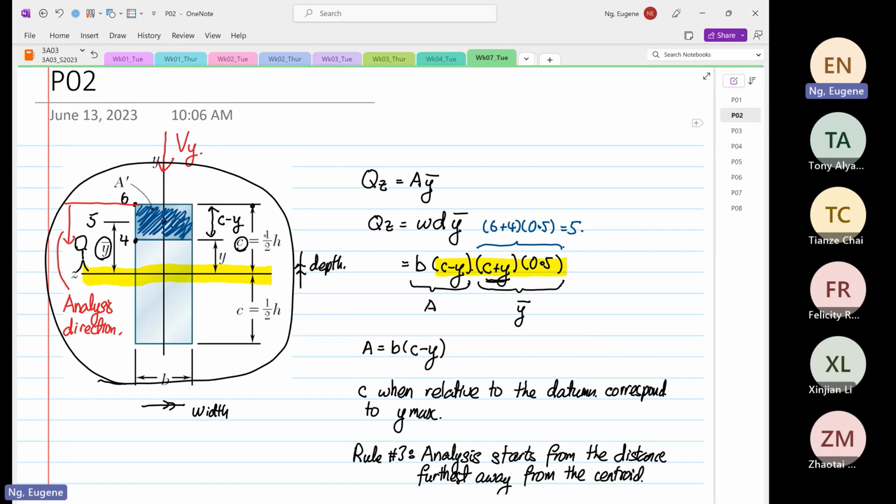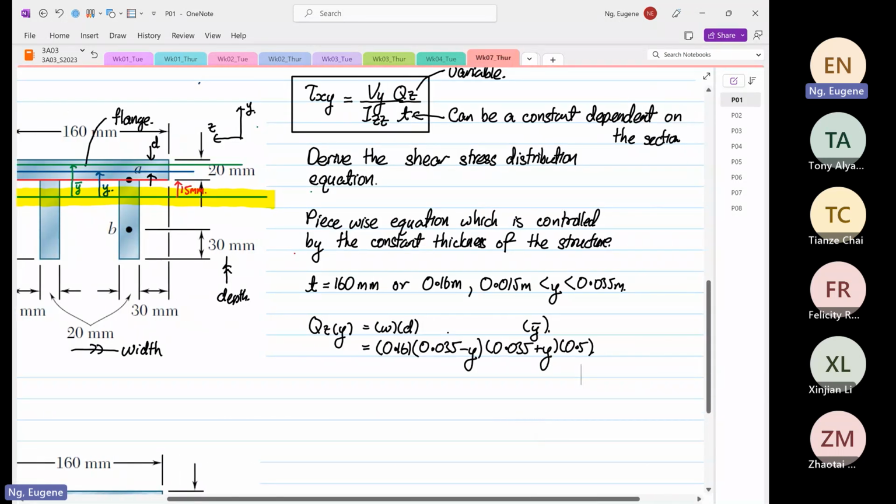So c is the maximum distance away from the centroid to the point of interest. So y is your variable, and then you just multiply by 0.5. Exactly the same. So now, coming back to our problem over here, that is how we calculate our y bar.